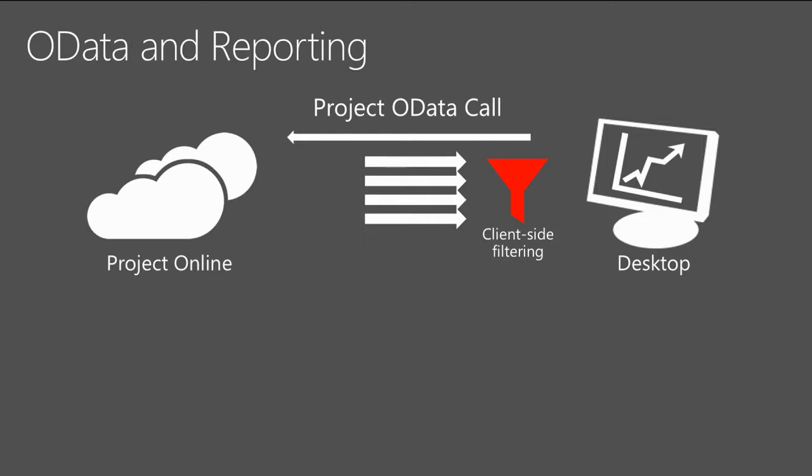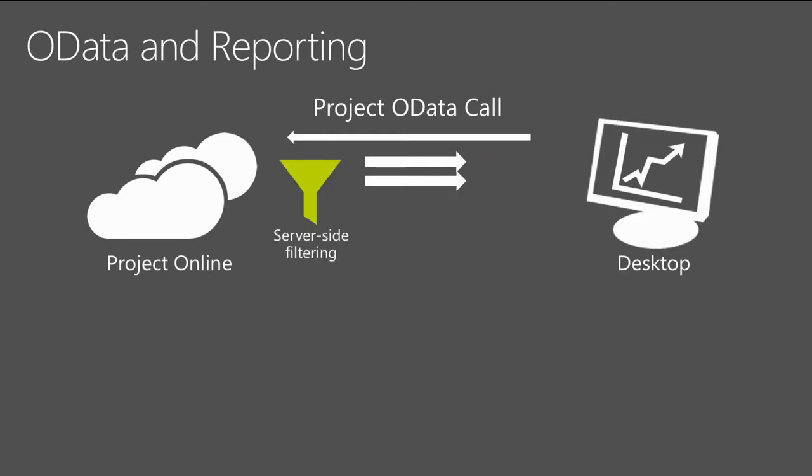Let's say you just need to do a report on some key milestones for a project. Then you query all the tasks for that project locally, and then you filter on the key milestones on the client side. You can move that filtering server-side by adding some keywords to your OData endpoint, like $filter or $select, and say this field equals this value, et cetera.